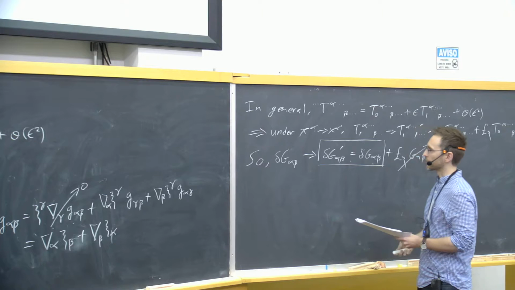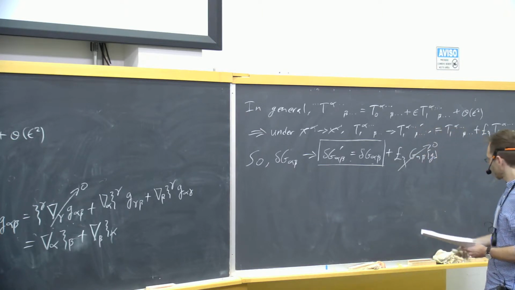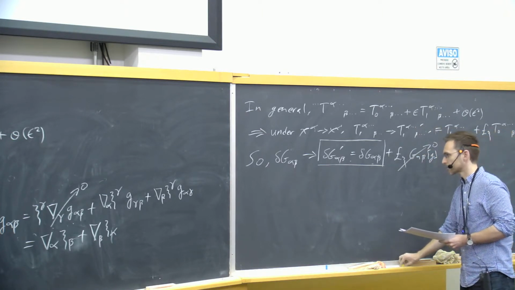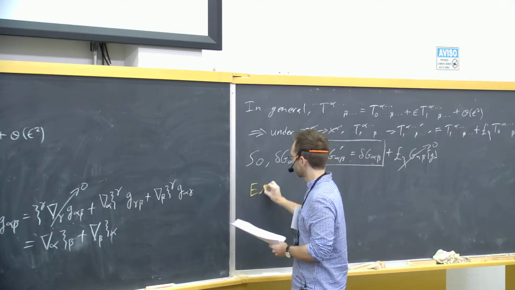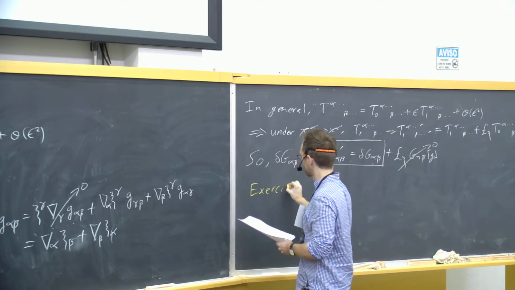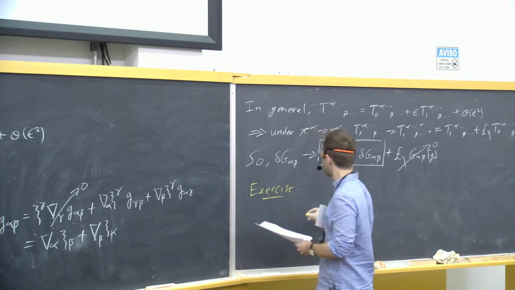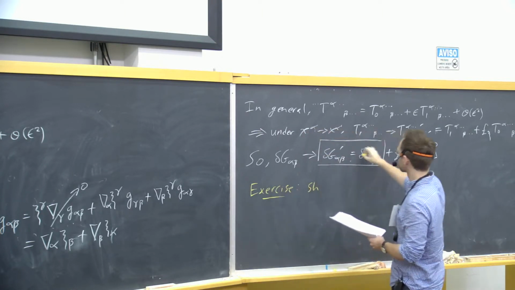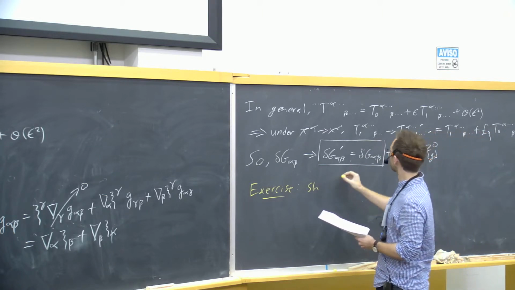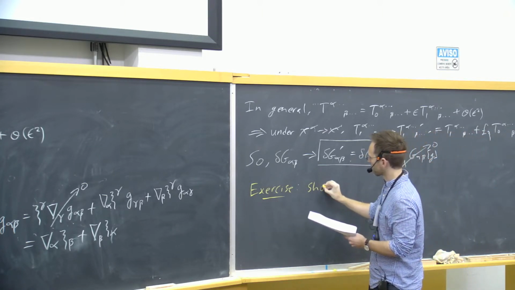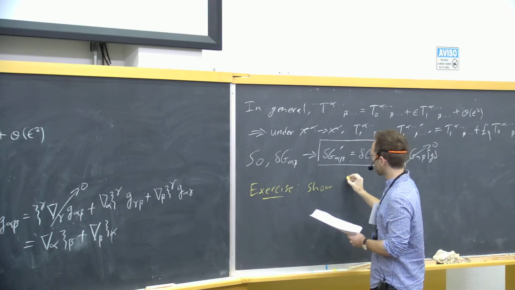linear gauge transformation. So let me write an exercise to show this result directly without using this general expression in terms of Lie derivatives. So what do I mean by that?